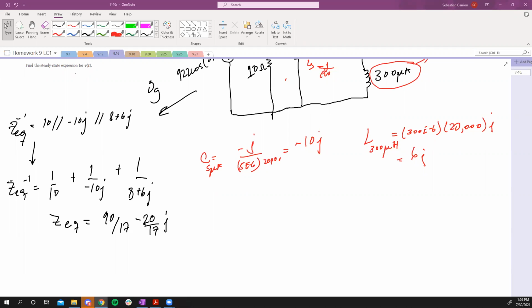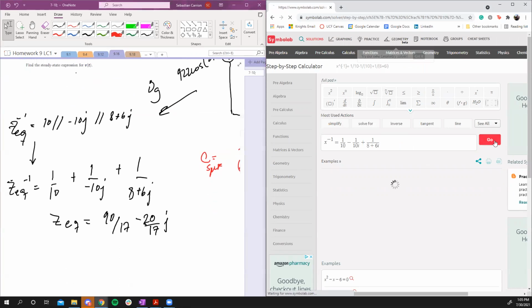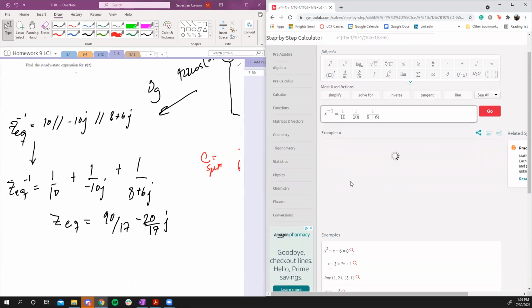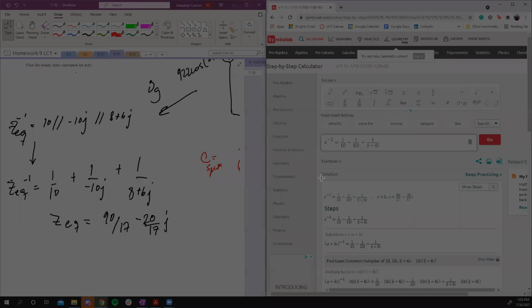There might be something I'm doing wrong, so let's give it a look one more time. After a while loading, we get the answer here.